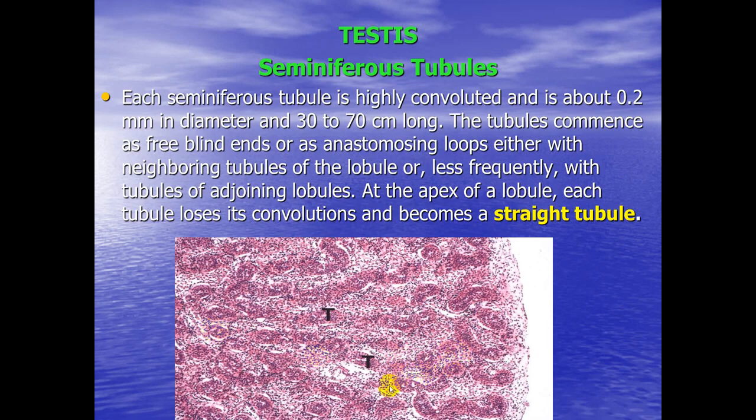You see loose connective tissue between the seminiferous tubules and clusters of Sertoli, Leydig cells and endocrine cells.